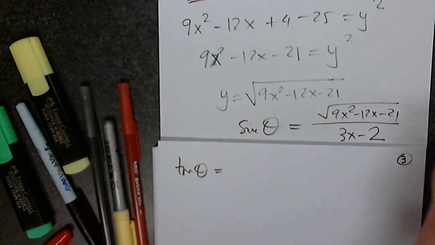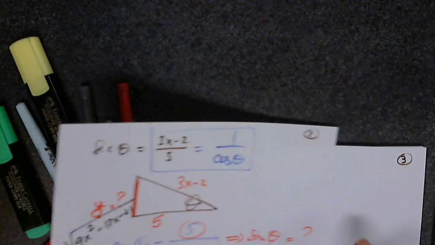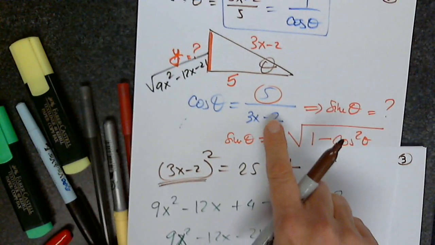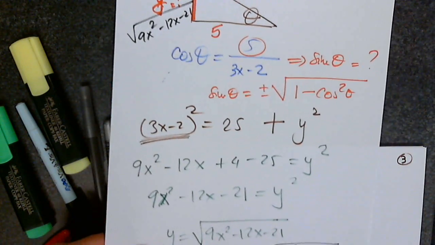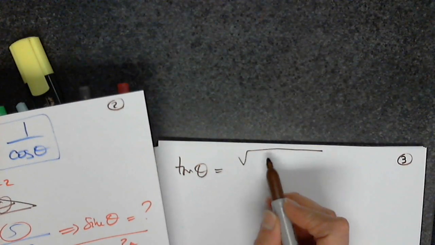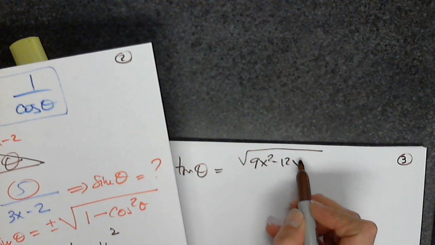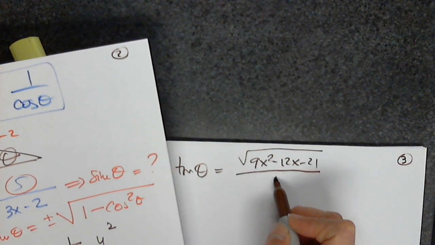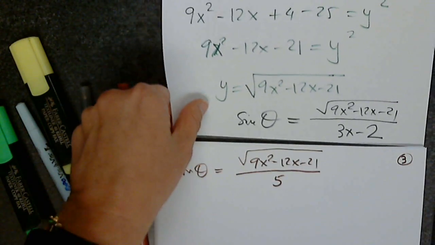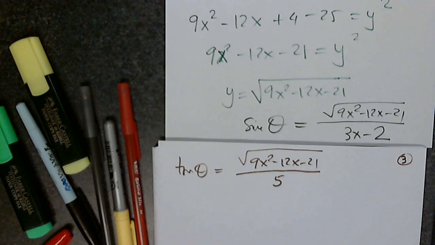It's this, right, over this. But when I flip, since the denominator is the same thing, that will go away. So it will be the square root of 9x squared minus 12x minus 21 divided by 5, because 3x minus 2 will get simplified with 3x minus 2.